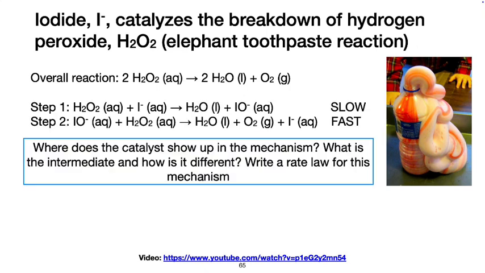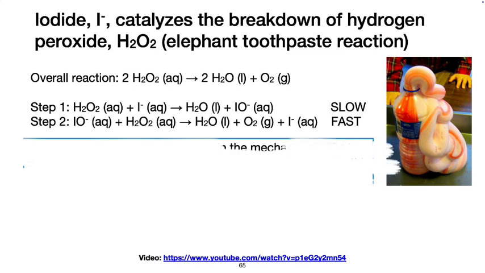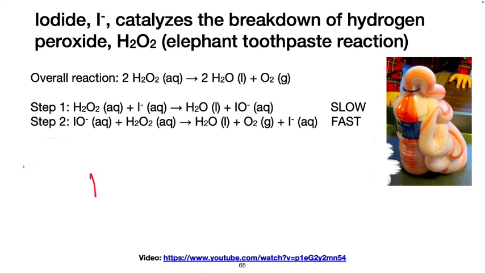Given this mechanism, what's the rate law? So right away, the answer to that would be rate equals rate constant. Now you can slow down.